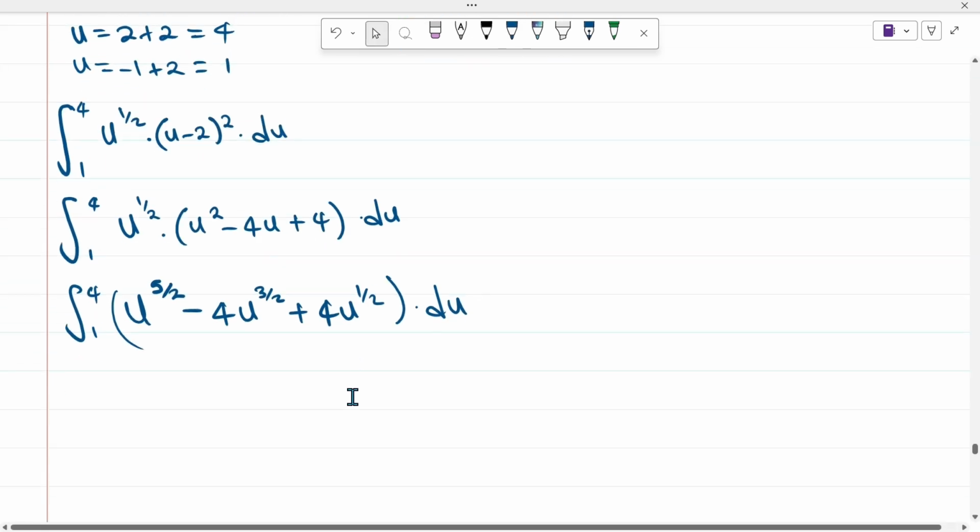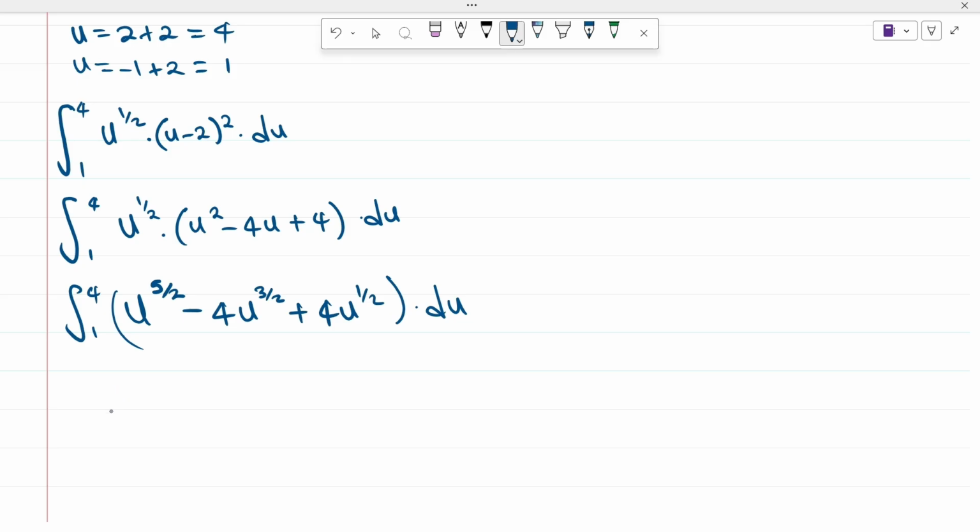Then from here we can see that it will be easy for us to integrate this. So we're just going to integrate.